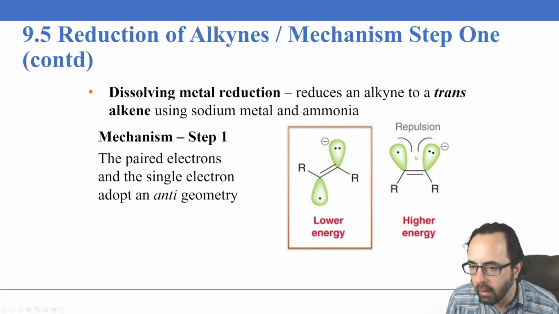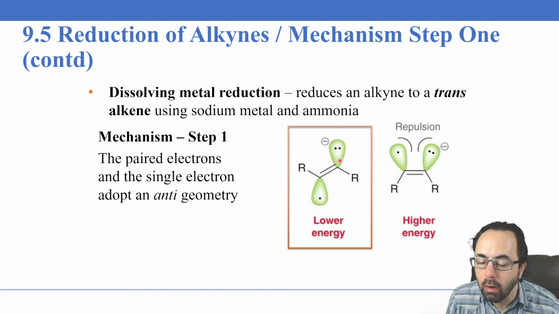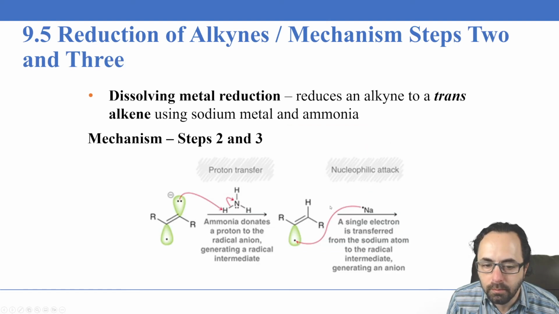These repel one another. They don't want to be close. And so the lower energy structure is going to be the one that puts these electrons on opposite sides. And so this electron is going to prefer going into the orbital position opposite of this one. So they adopt this anti-geometry.